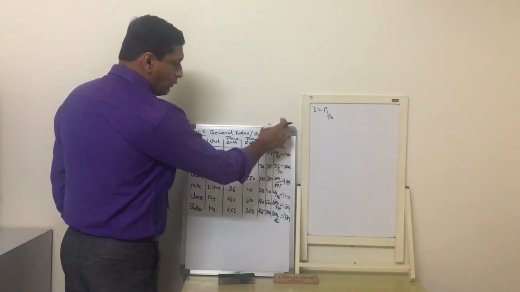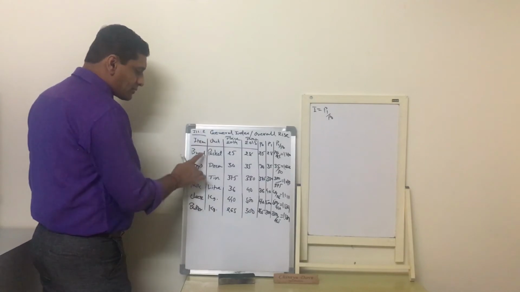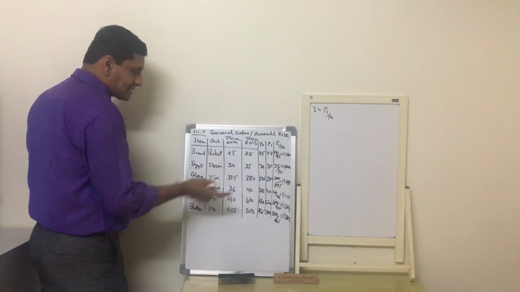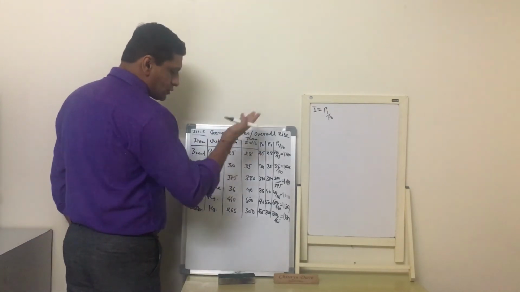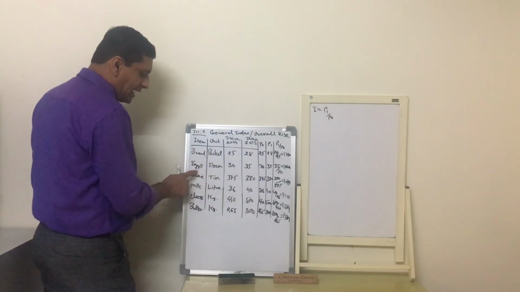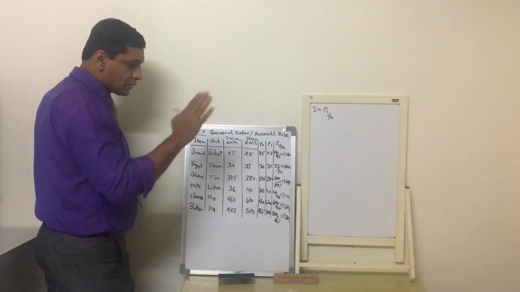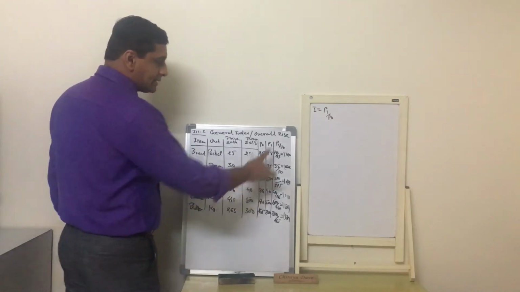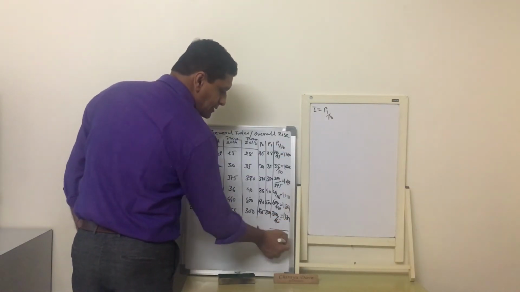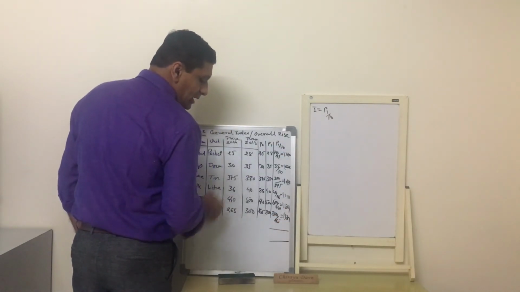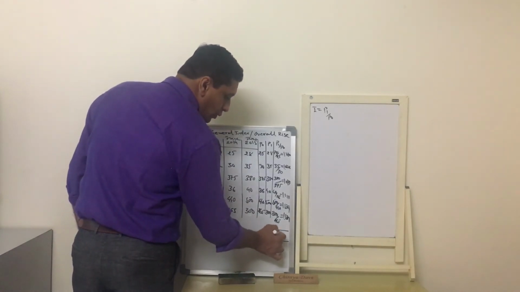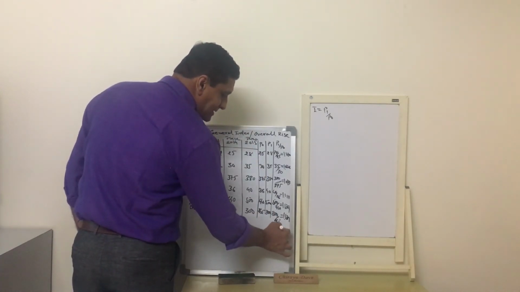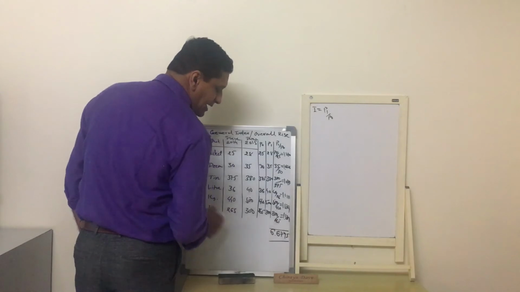Very, very simple. What you are supposed to do is count the items: 1, 2, 3, 4, 5, 6. How to find the general index? To find the general index, we need to count the items. Item numbers are 6. These totals are to be made first. This total comes to 6.6795, precisely.